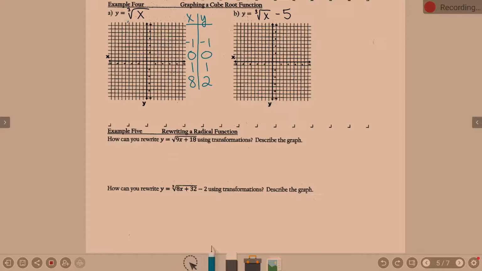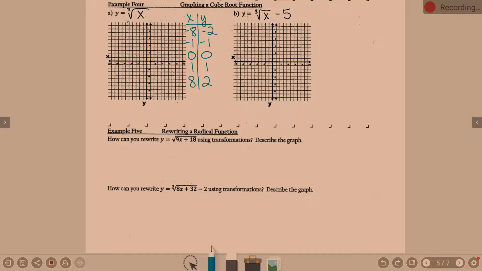And the other cube root that we can do up here? Negative 8. The cube root of negative 8 is negative 2. You're not going to be doing nearly as much with cube roots. I'm going to focus more on the square root graphs. But as we talk cube roots, these are the numbers you need to be familiar with.